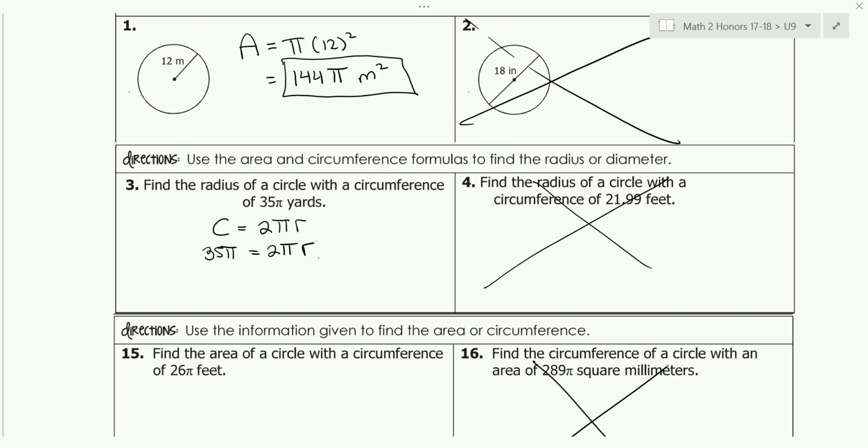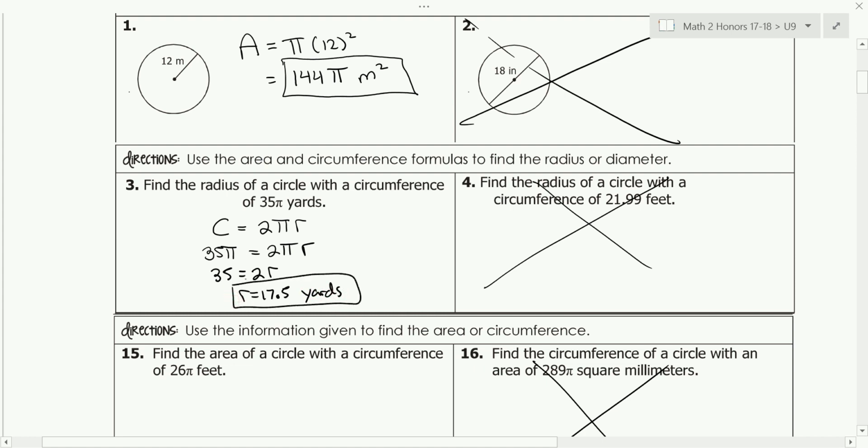Divide out pi. So if you divide both sides by pi, you get 35 is 2 times the radius. So the radius is 17.5 by dividing. And we're looking at yards, so bring that back in. 17.5 yards. So sometimes you have to work backwards, right? They give you the circumference, you have to find the radius.